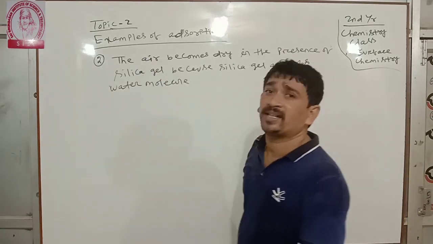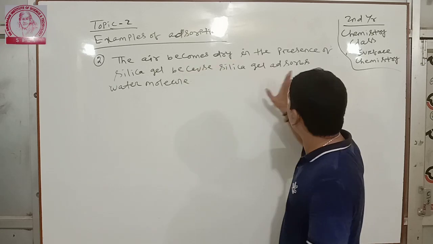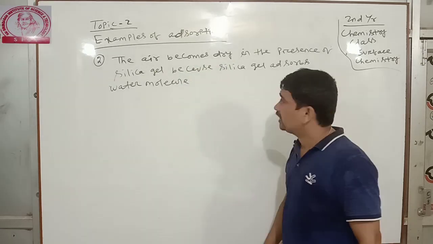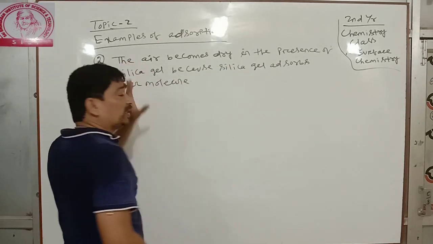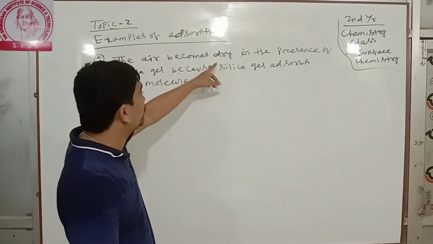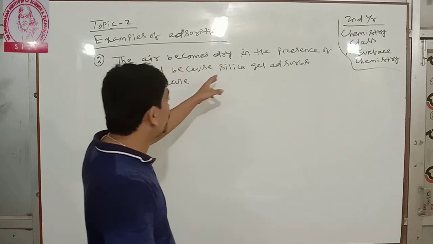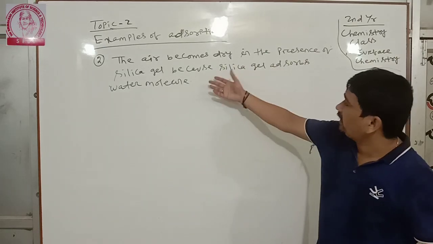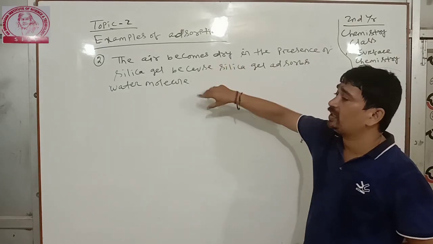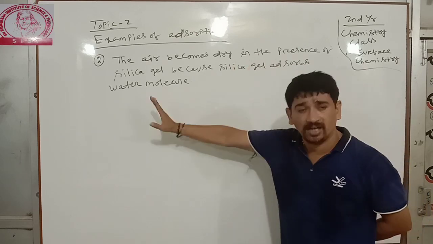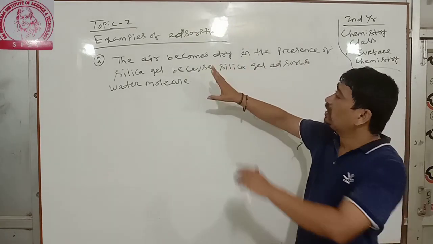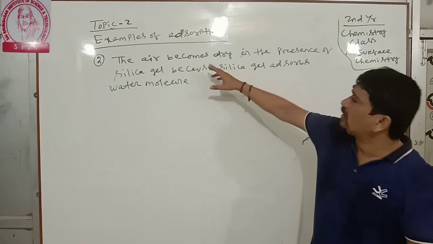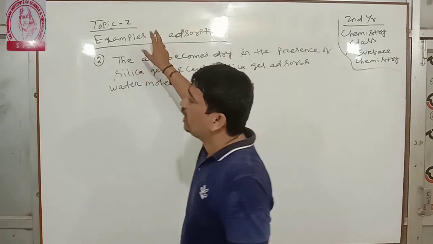The air becomes dry in the presence of silica gel, because silica gel adsorbs water molecules. Water molecules get adsorbed on the surface of the silica gel, so the air becomes dry. This is one of the simplest examples you can write, and one of the best examples of adsorption.